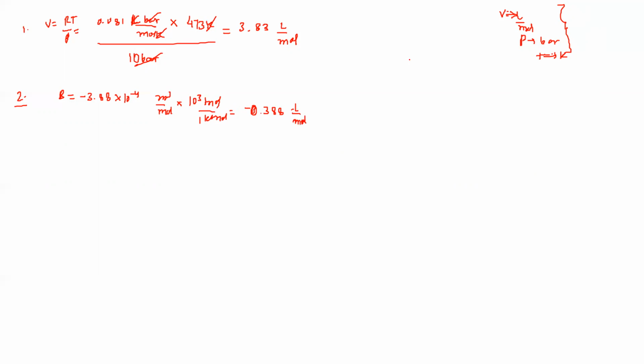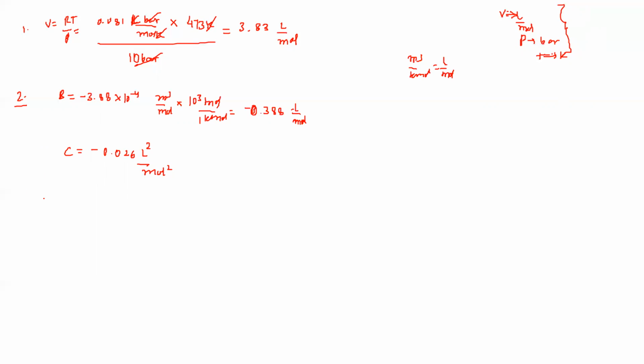As I told you, meter cube per kilomole is the same as liter per mole, no difference. Similarly, on the basis of the same conversion, we'll get C as minus 0.026 liter square per mole square. We have discussed the conversion in the previous example as well, so this should not be a problem.